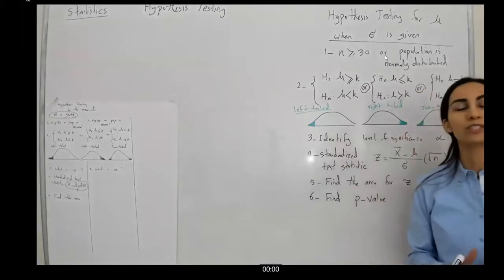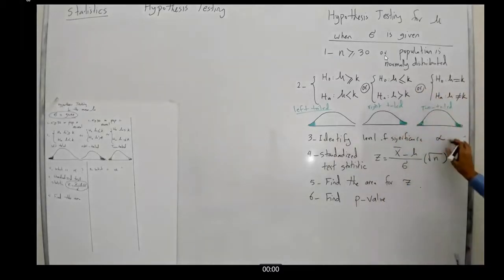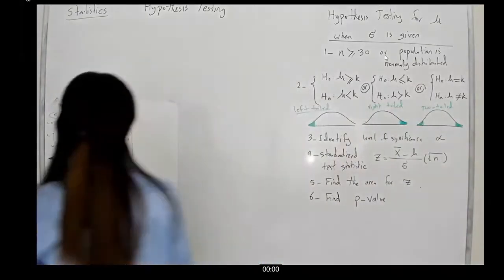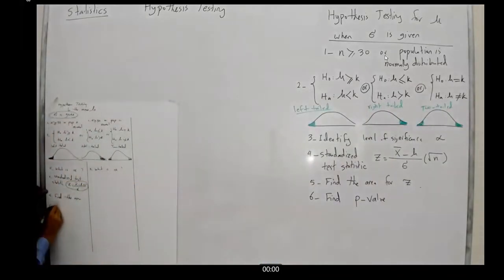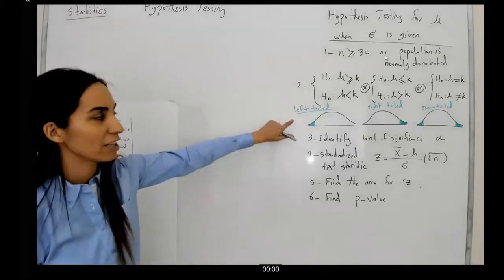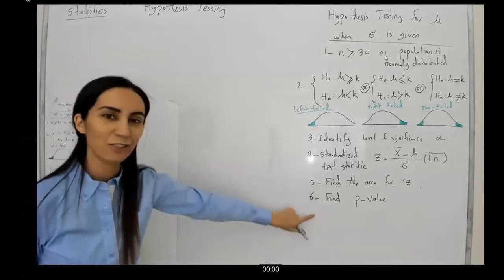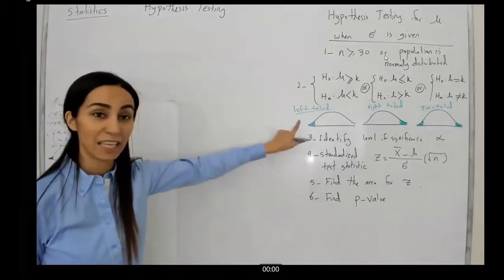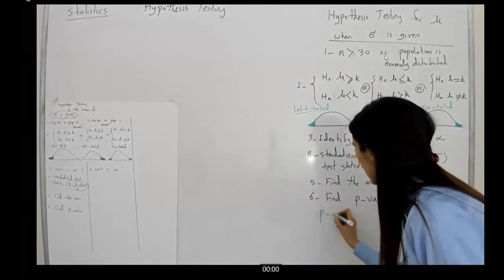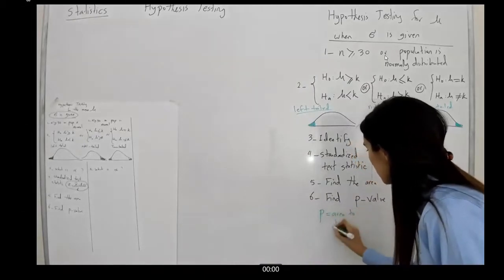So your goal is to compare the p-value and your level of significance, alpha. So we need to find the p-value. How do we find the p-value? If you have a left-tail graph, the p-value is that area, the area to the left.